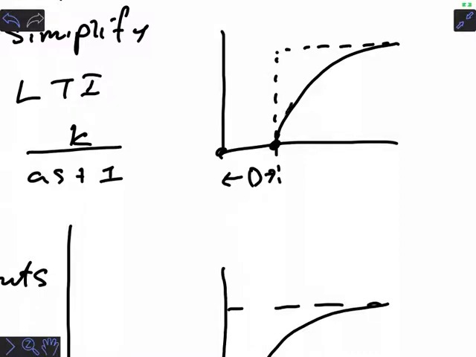So I can either construct a tangent line on that initial value over there, or I can just straight up read off when we get to 63% of the final response, if it's a step response, and so that'll give me tau.